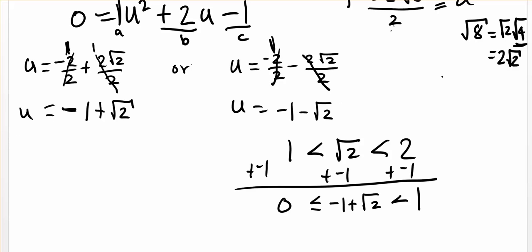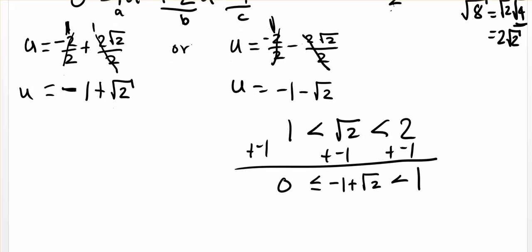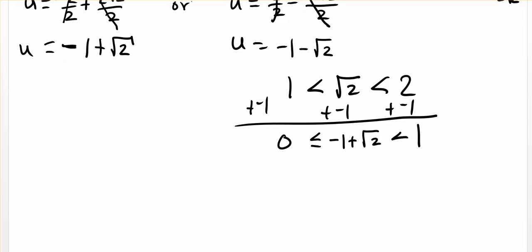And we can do the same with negative square root 2. With negative square root 2, we have negative square root 2 is going to be greater than negative 2, because it's less negative than negative 2, but less than negative 1. And we can, again, add a negative 1 to all sides.